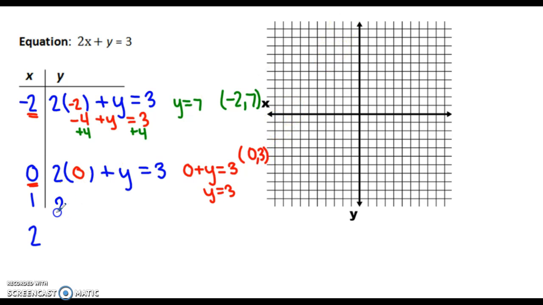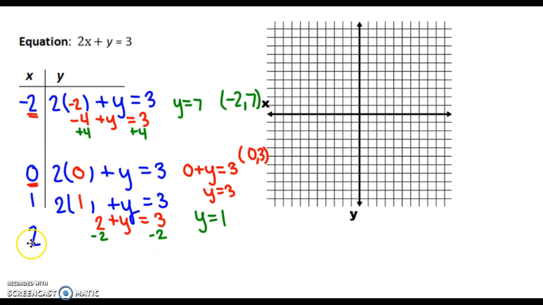I'm going to do it again, and I'm going to plug in 1. So that gives me 2 plus y equals 3. I'm going to subtract 2. So y equals 3 minus 2 is 1. We're going to do it one last time. Plugging in 2 this time.